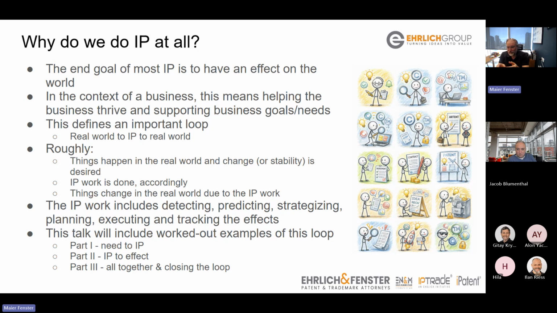And it doesn't matter if it's patents, trademarks, contract, suing somebody, keeping a secret, and so on. Now, the IP work itself is not only filing papers, but also has to do with detecting things, predicting, strategizing, planning, executing, and so on.